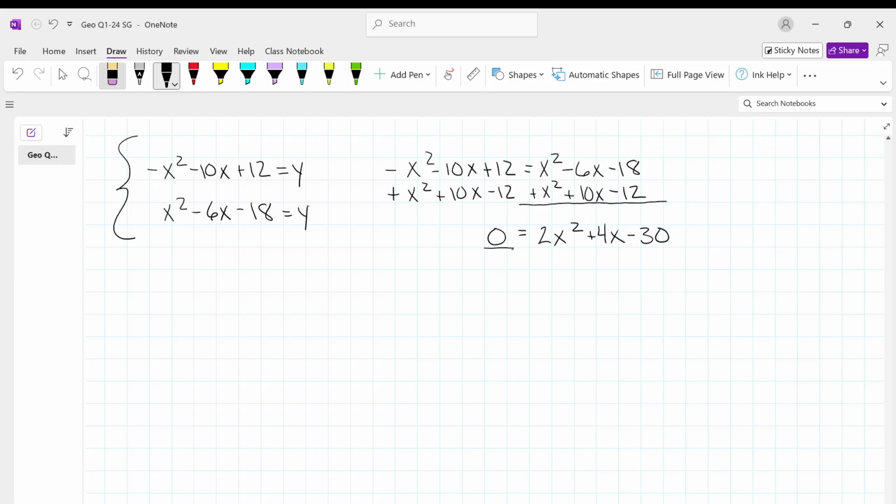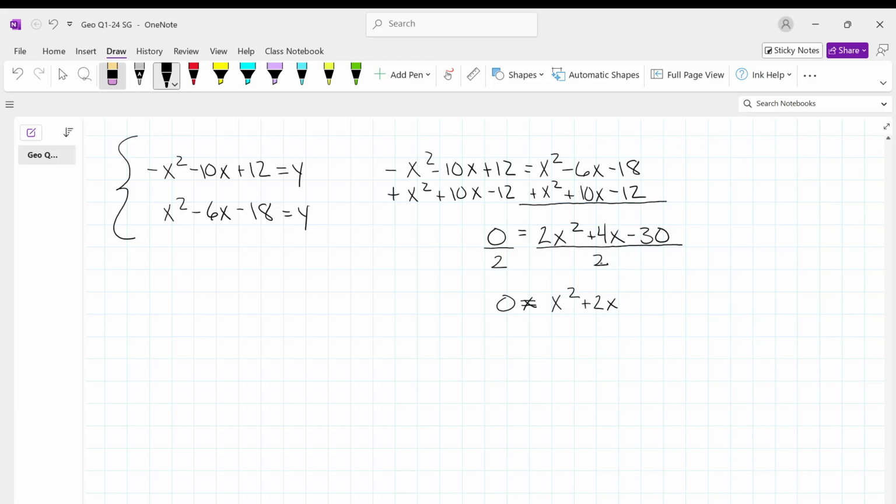Again, everything is divisible by 2, so we're going to divide everything by 2. So 0 equals 2x squared divided by 2 is, oh shoot, that's supposed to be an equal sign. And when I've been touching my eraser today, my computer's been freezing, so 2x squared divided by 2 is x squared. 4x divided by 2 is positive 2x.